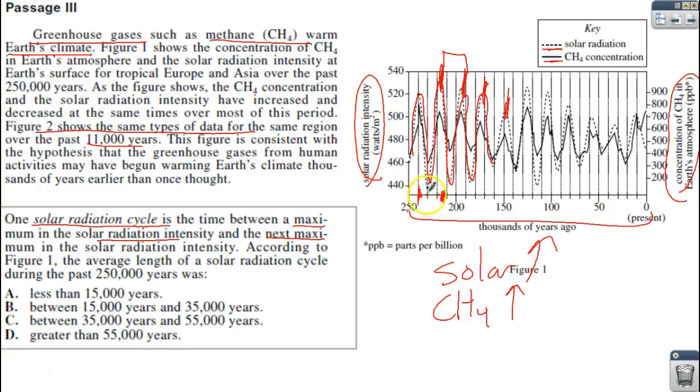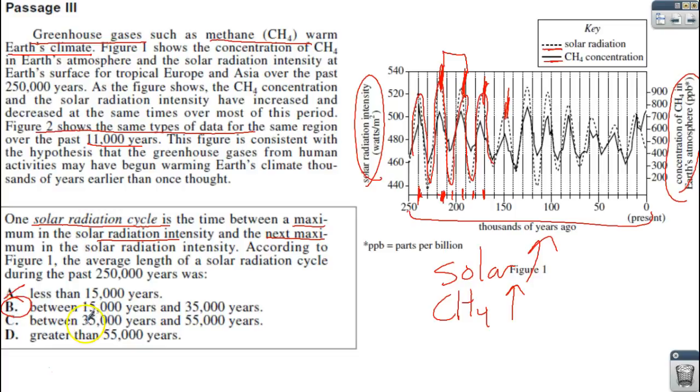And so if we go from there, let's look at this one. This one goes from here to here. That's about 10, 20. Sorry, those were bottoms, but we can move those over here and look at those. It's still about 20. And so are we less than 15,000? No, we're between 15,000 and 35,000. So B is probably our answer.